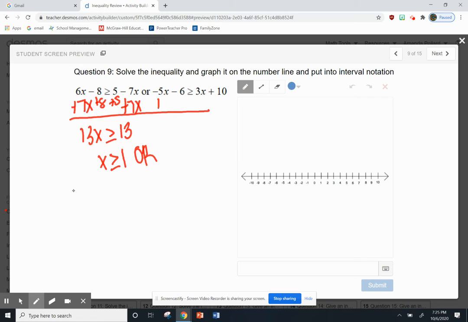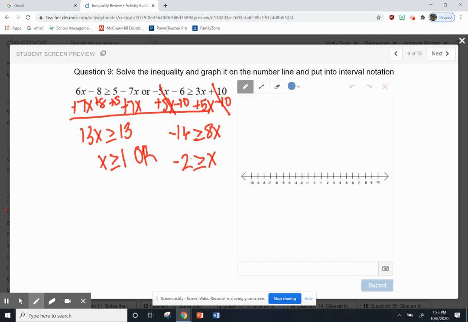So add 5x, add 5x, and I'll subtract 10 while I'm here. So these cancel out, and I'm left with -16 is greater than or equal to 8x. Divide by 8, so x is less than or equal to -2.